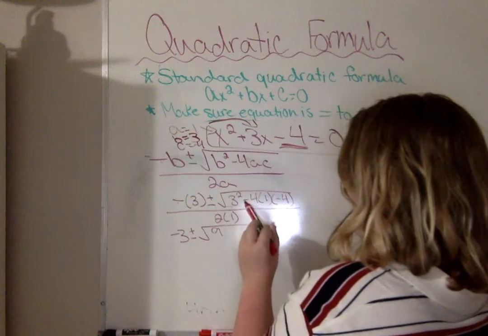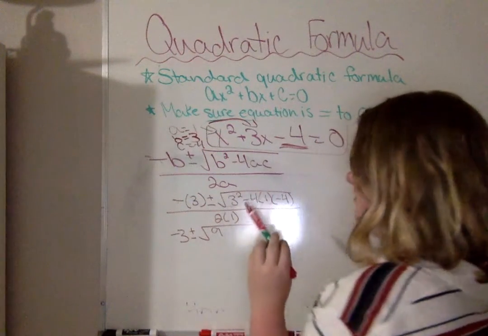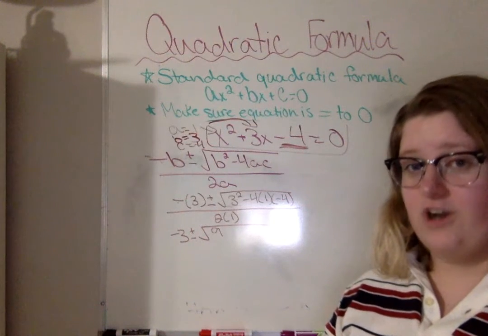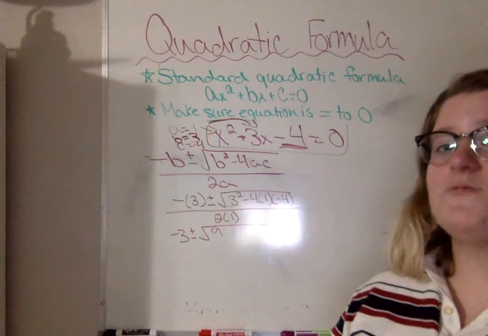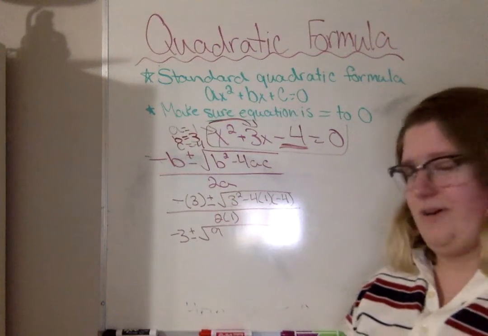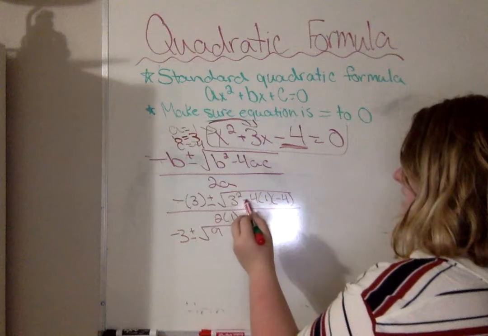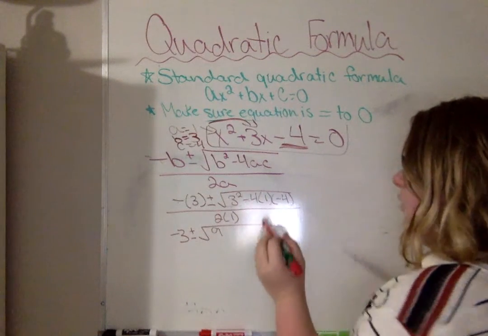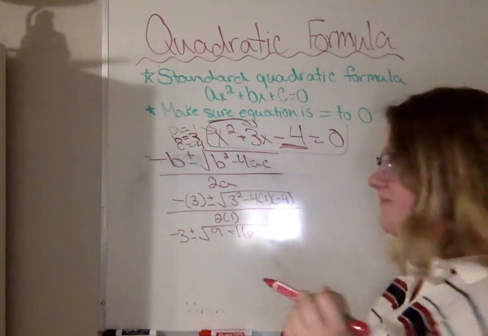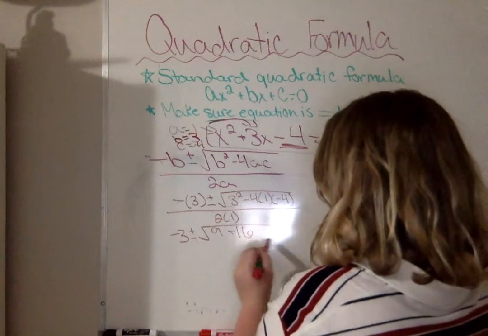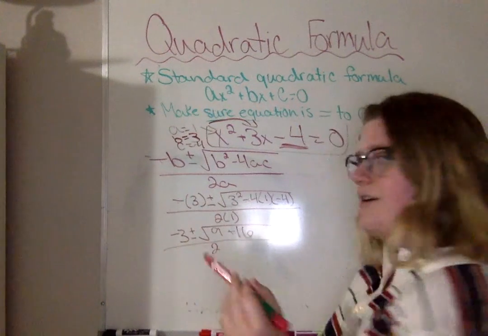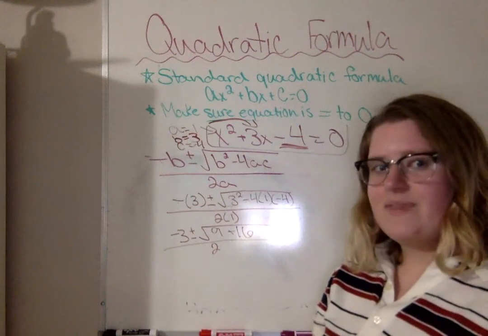Now, if you multiply -4 times 1, you're still going to get -4, because anything times 1 is always the original whole number. Then we'll multiply -4 times -4 to get +16, over 2 times 1, and we get 2.